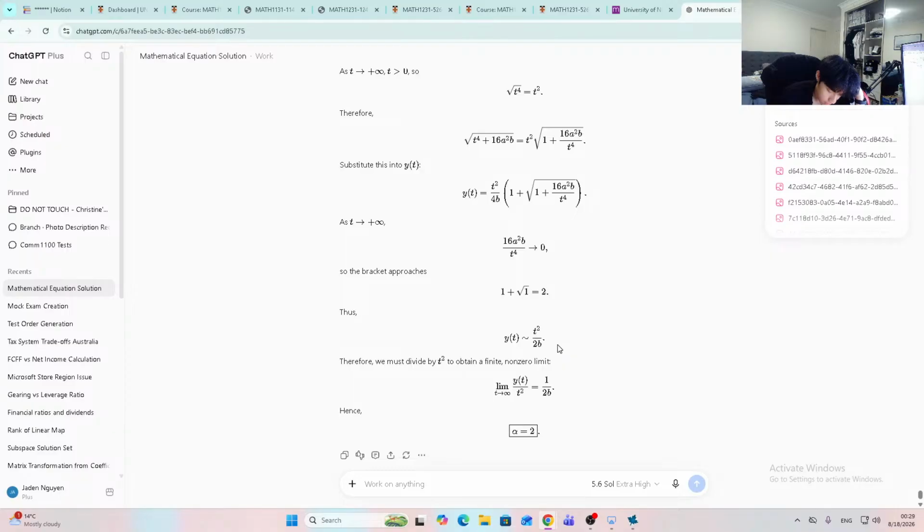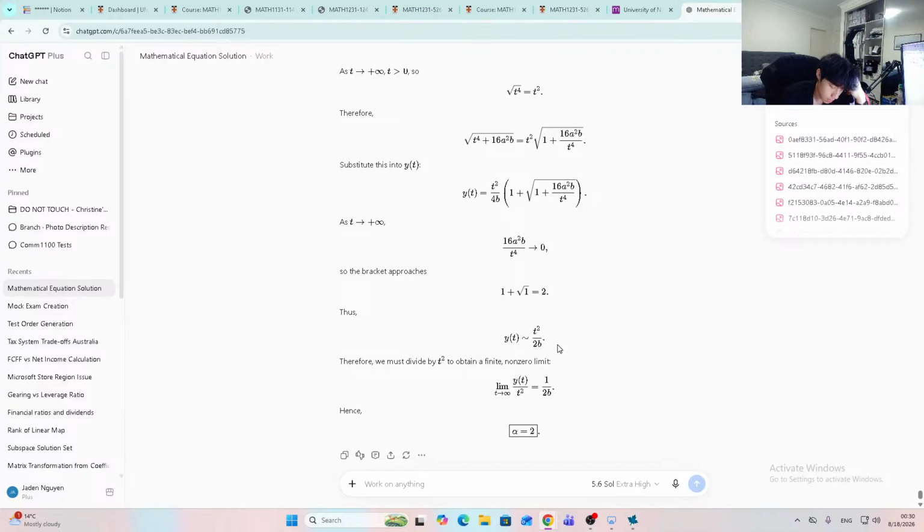And then now you're going to see, oh my god, I've pulled back down to fundamental analysis, where I see that as t goes to infinity of the limit here, this is going to turn into root 1. So the inside is basically equal to 2. So it's basically 2t, so it's basically t squared over 2b.